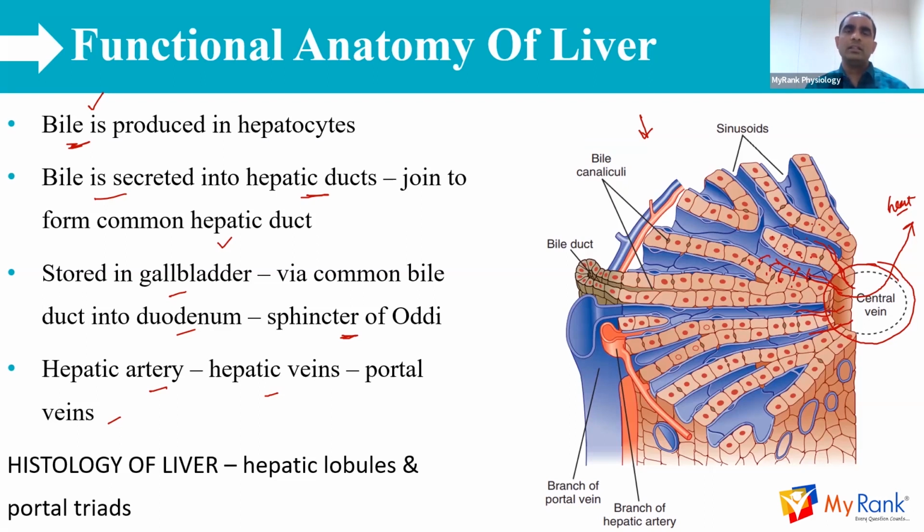Just now we discussed, they want to synthesize a clotting factor, say factor 8, and they put it into this, and that will go into the central vein, goes to the heart and gets circulated to the entire body.